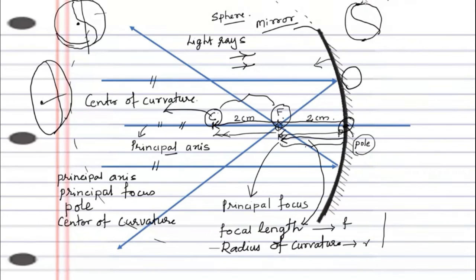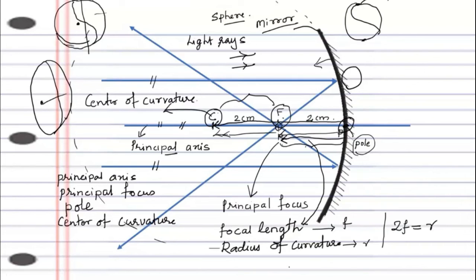The relationship between f and r in just one equation form. Very good. f plus f is equal to r. Right. And that means 2f is equal to r.